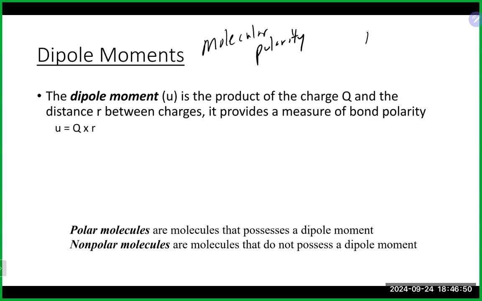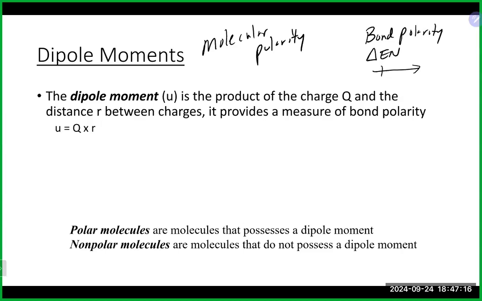So when we talk about bond polarity, that is where we use our difference in electronegativity values, and we could draw that bond dipole arrow. And remember that when we're talking about bond polarity, it is really just in reference to between those two atoms, will they be sharing the electrons equally or unequally?